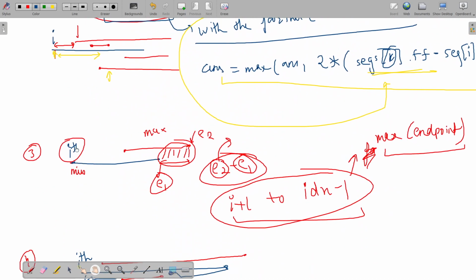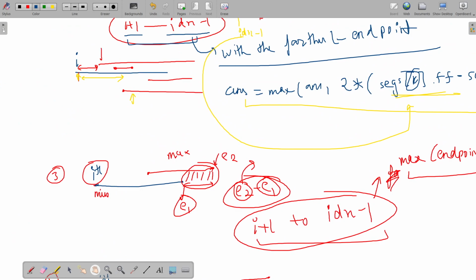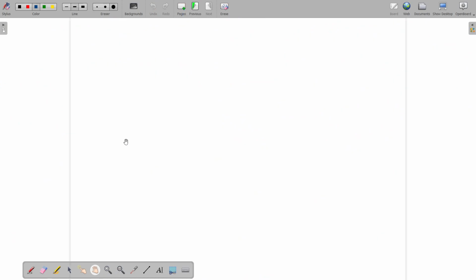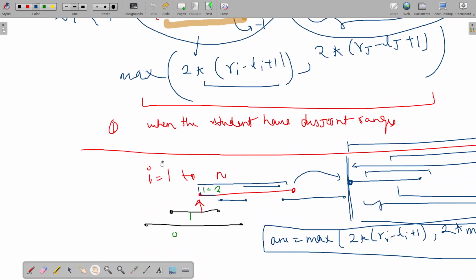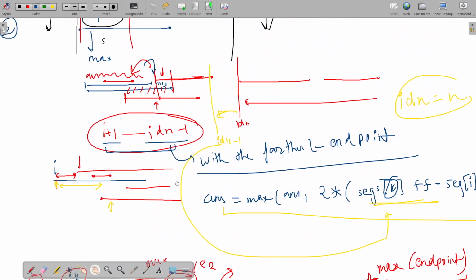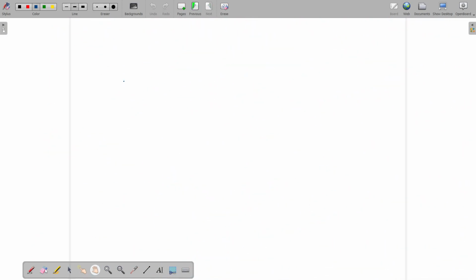Now I will show you my code. I did a few small hacks, you can say. Ideally you should check for all of these four cases, but in certain cases you don't really need to check all four. Now why? Suppose this is u and this is the next range.